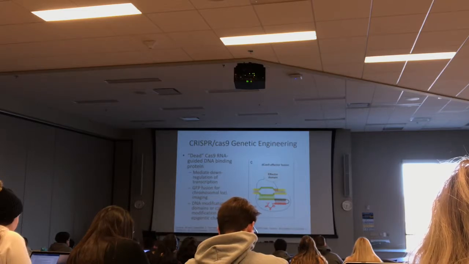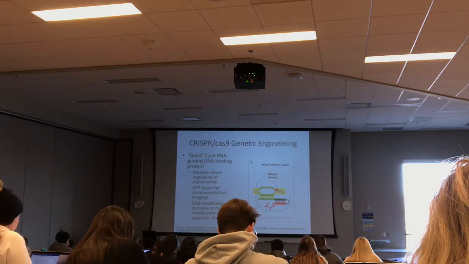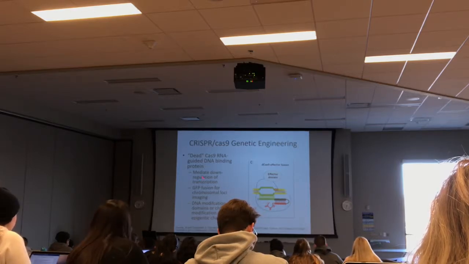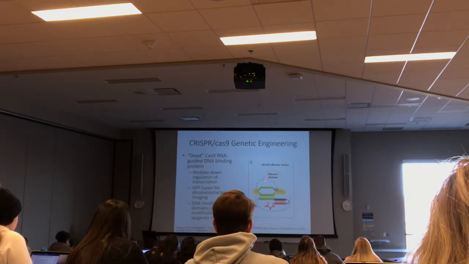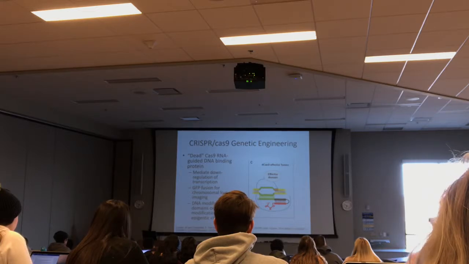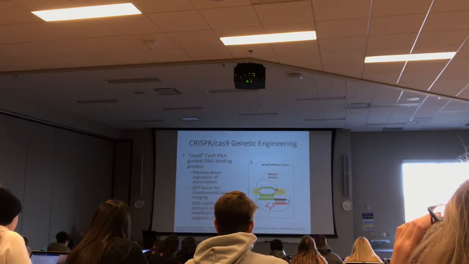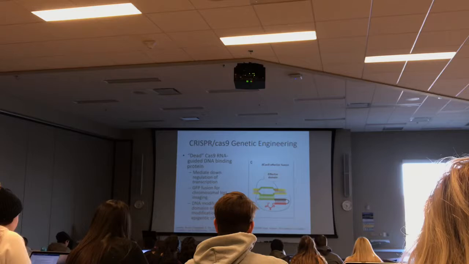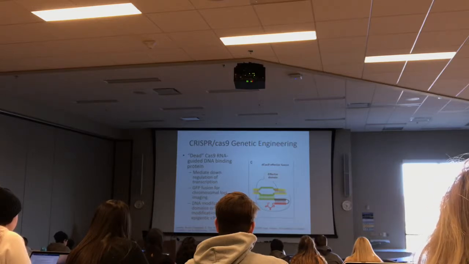And we talked about a couple of examples already that they discuss in this review article. So adding a methylation effector domain or creating a GFP fusion so that you can visualize regions along a chromosome that have the sequence that you're interested in.